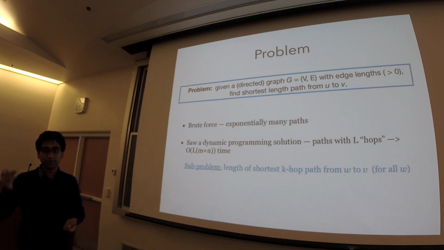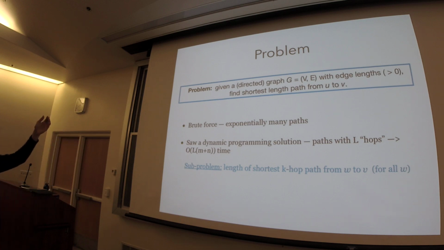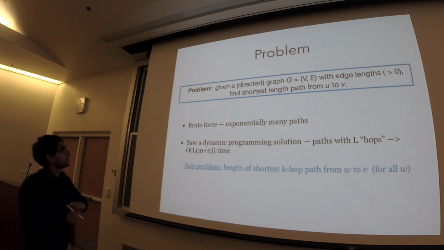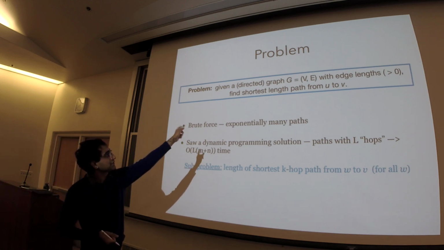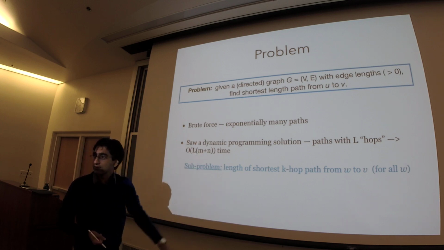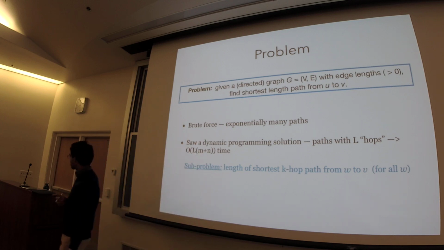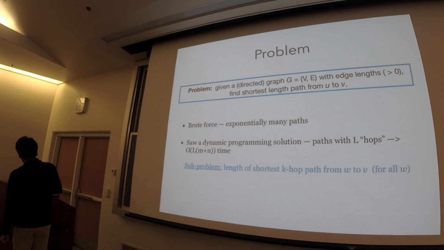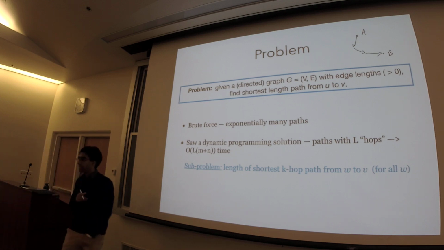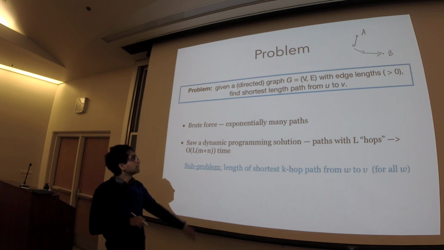You have some edge lengths or edge weights, and your goal is to find the shortest path from U to V. This is a standard maps problem: you want to get from place A to place B using the shortest possible path.